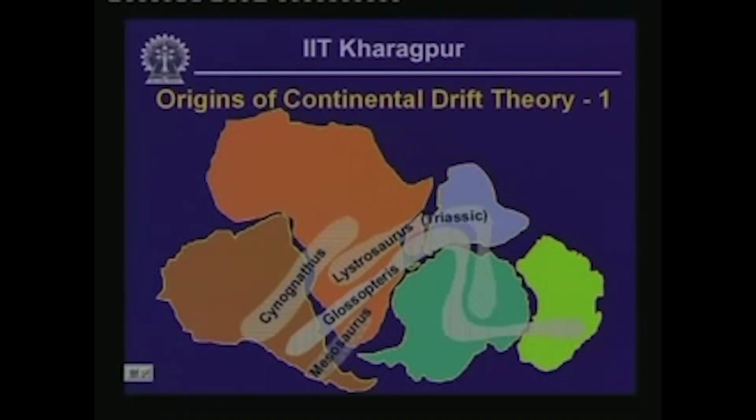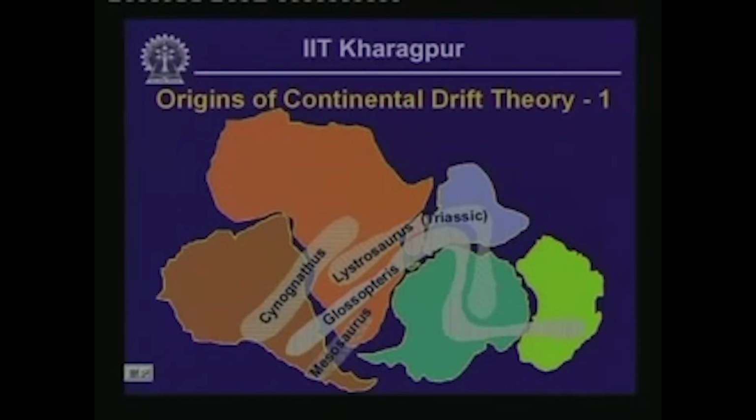Another thing that was observed is the distribution of animal species and plant species across different continents, which are separated by vast expanses of oceans at the present time.